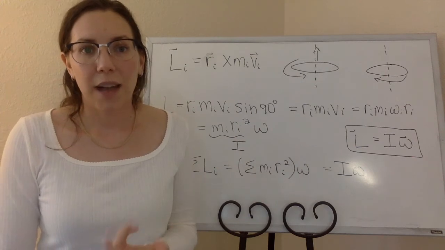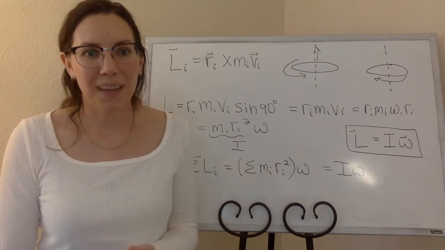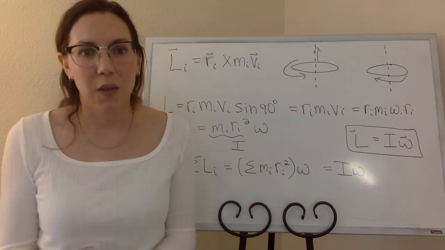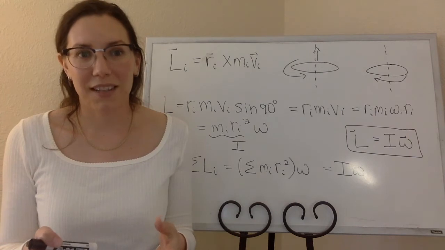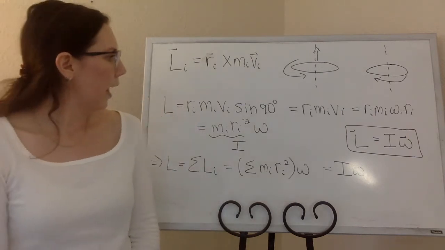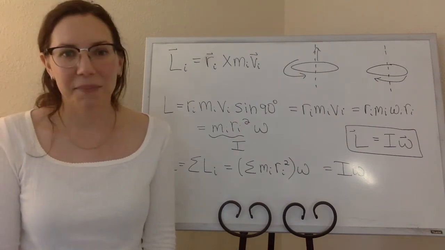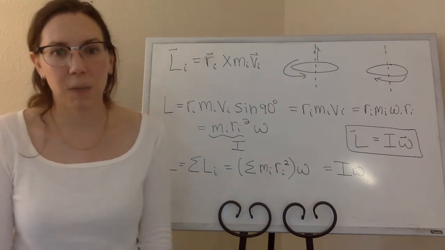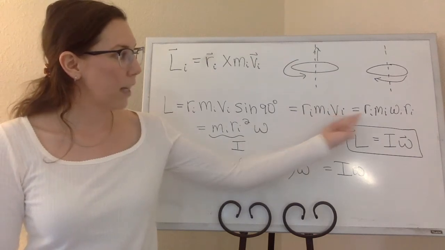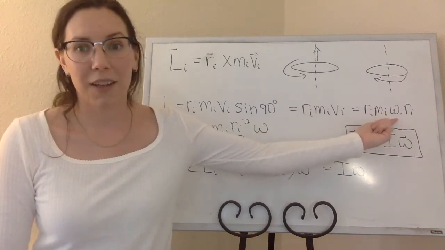Let's consider for now that these particles are only moving with velocity components that are tangential to the r vector, which means it's perpendicular to the r vector. So we'll have r_i m_i v_i sine 90, and that sine 90 is 1. So r_i m_i v_i, and then we can plug in v equals omega r, the angular velocity times r.